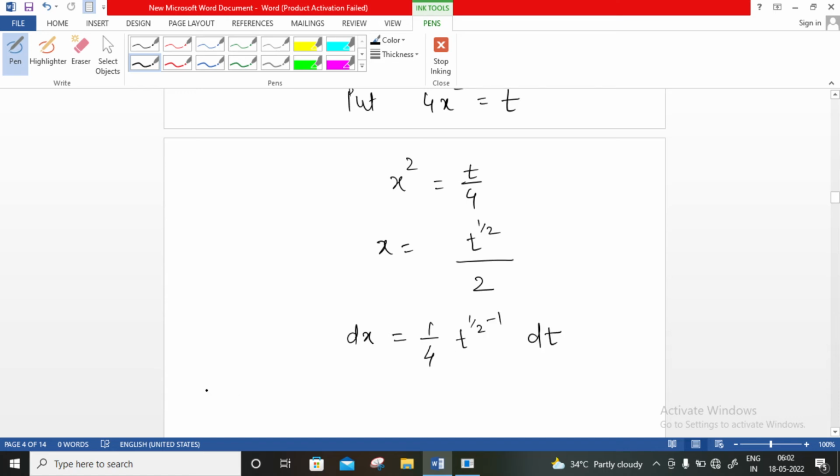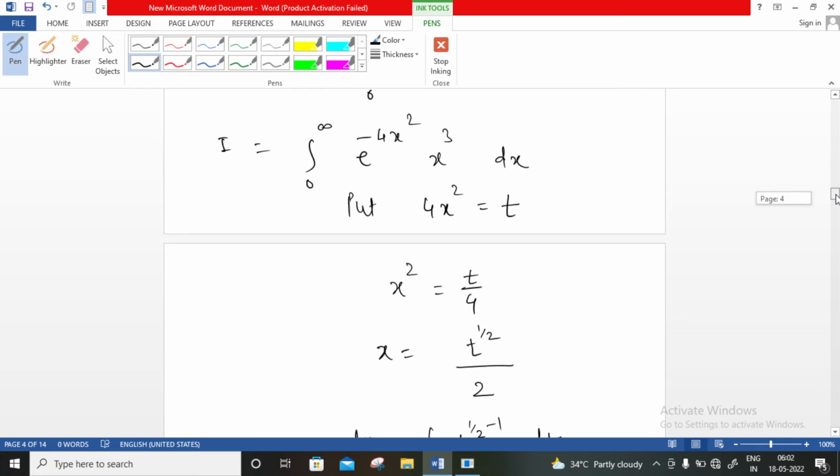Now you check its limits also. When x equal to 0, you get t as 0. When x equal to infinity, t becomes infinity.